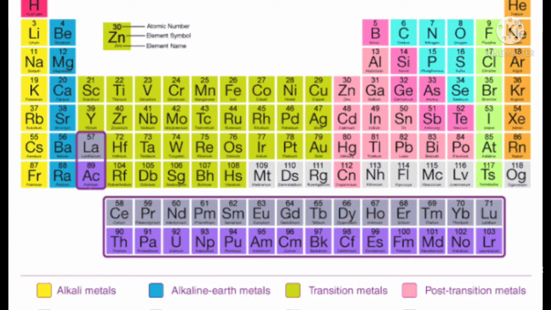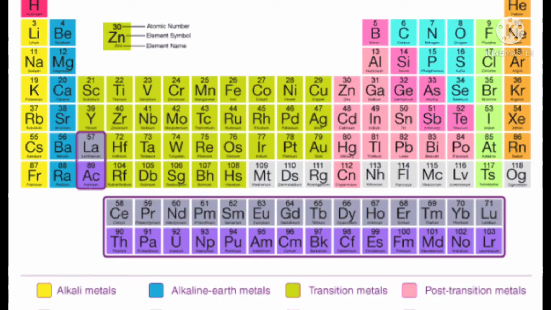The alkali metals include lithium, sodium, potassium, rubidium, cesium and francium. They are called alkali metals because they form hydroxides on reaction with water, which are strongly alkaline in nature. The second group elements are called alkaline earth metals because they form oxides and hydroxides.